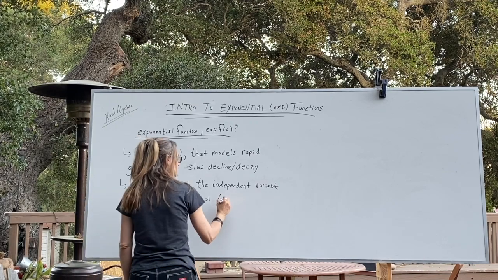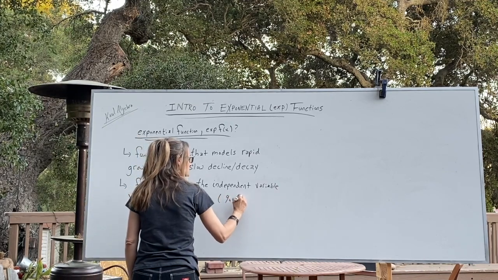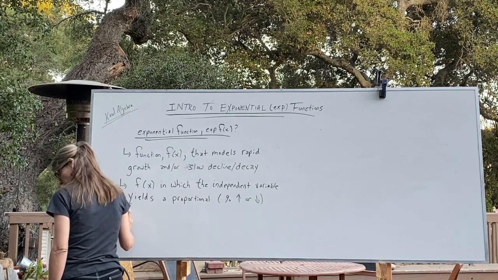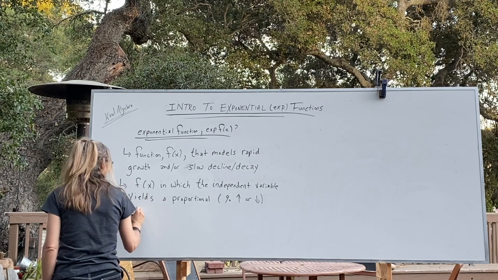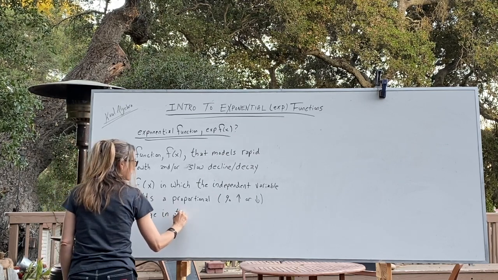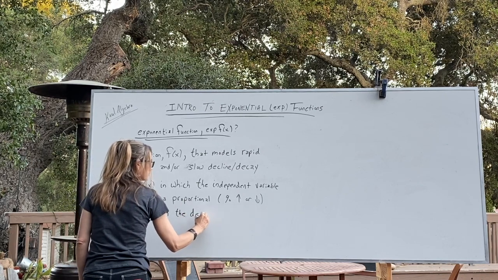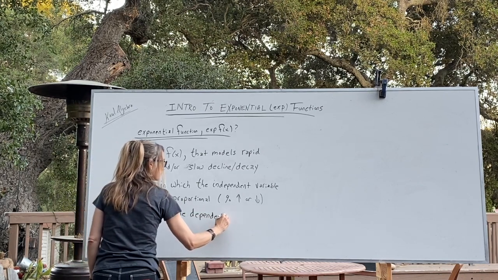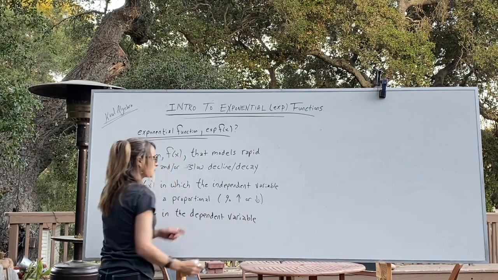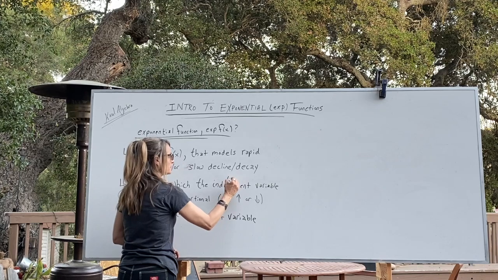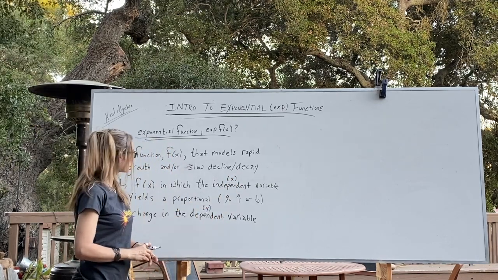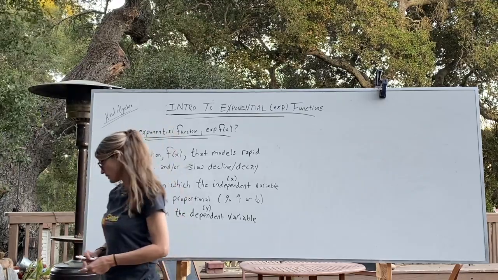So this is going to be a percent increase or decrease, a proportional change in the dependent variable. Okay. So we typically use x for our independent variable and y for our dependent variable. Okay, that's a little more formal way of defining an exponential function.